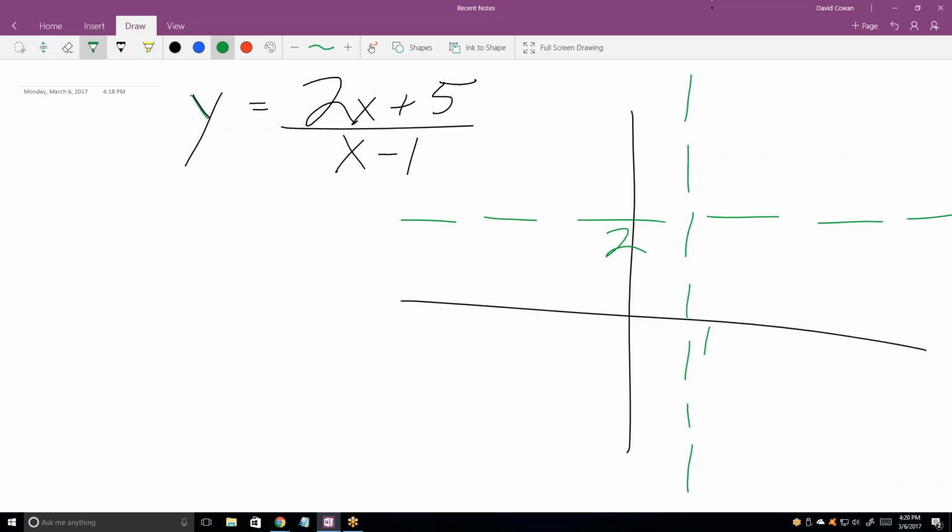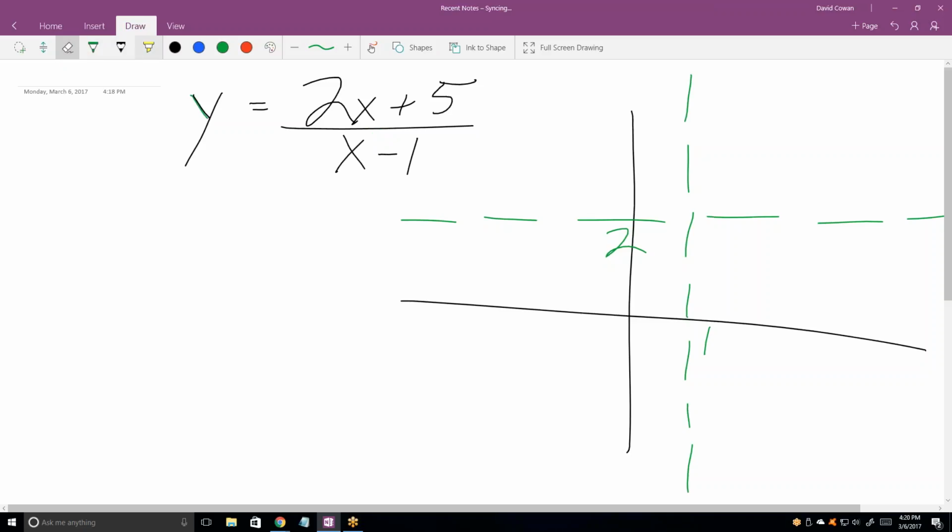That's always the horizontal asymptote if the degree of x is the same in the numerator as it is in the denominator. Then the horizontal asymptote is the ratio of those coefficients. If the degree is greater in the denominator than the numerator, then the horizontal asymptote is always y equals 0.